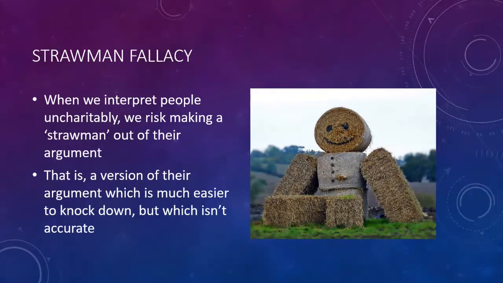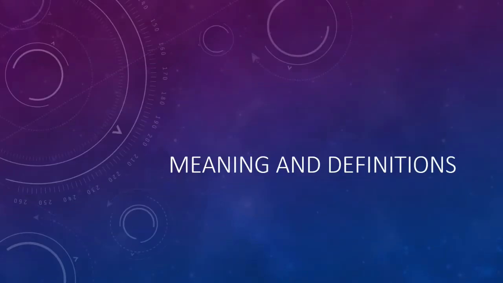So we do the principle of charity because we want to A, maximize agreement, and B, avoid the straw man fallacy, which will just make you look silly and mean, right? Okay. Okay, so that was where we got so far in the clarifying meaning stuff. This time I want to do some stuff on meaning and definitions. Yeah? Just like the meaning of words.